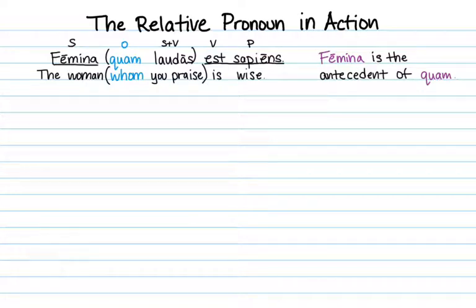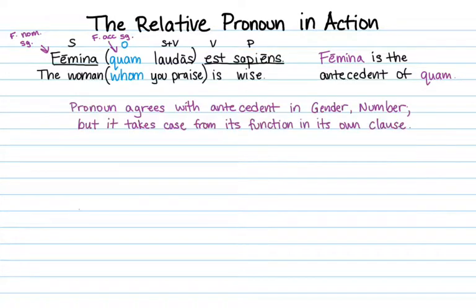In the Latin sentence, the word femina is the antecedent of the relative pronoun quam. That means that femina is the word that quam refers back to. You'll notice that femina is feminine nominative singular, quam is feminine accusative singular.